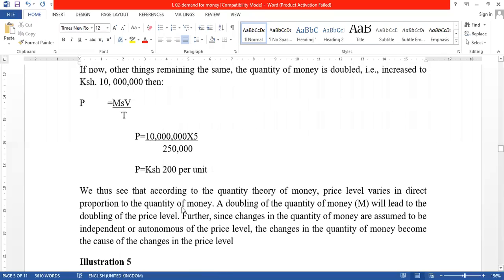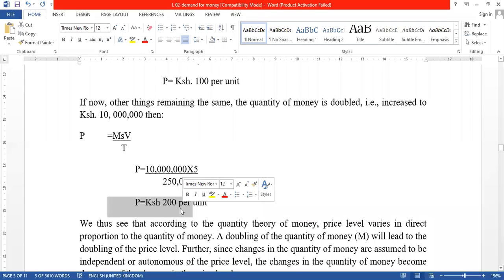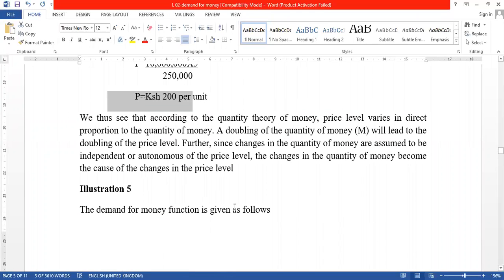Thank you, Katima. The assumption here is that in case any value in this formula is changed, you should be able to calculate any other value that is required of you using that formula. We therefore see that according to the theory of money, the price level varies directly with the proportion of the quantity of money.